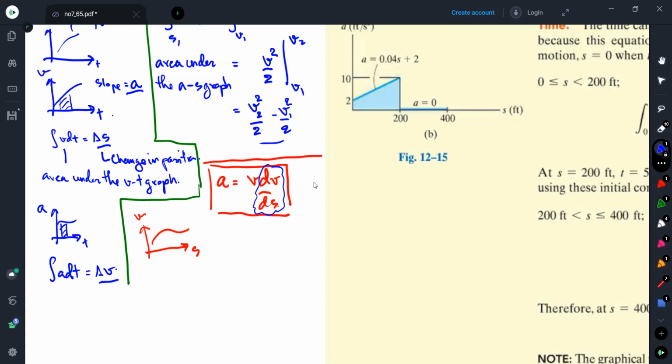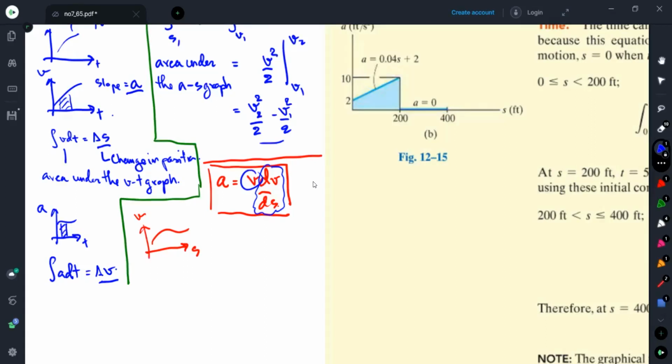If we would like to find the acceleration at this position, at any s, we have to multiply by the velocity at that point again. So when we would like to find the a-s graph, we cannot take the first derivative of the v-s graph and use it directly.